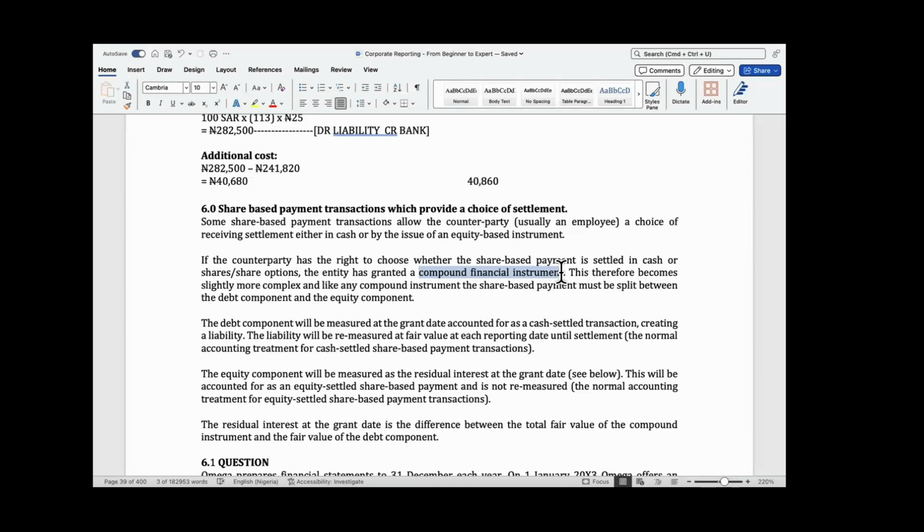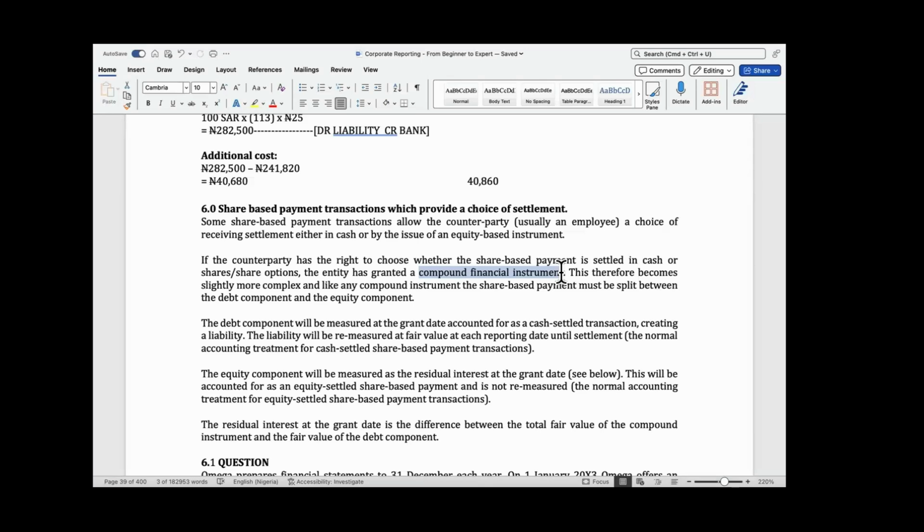So whatever value we are promised to give, we will have to split it into the one that is cash settled, that we're going to recognize as liability, and the one that is equity settled, that we're going to recognize as equity. We have to find a way to split it.